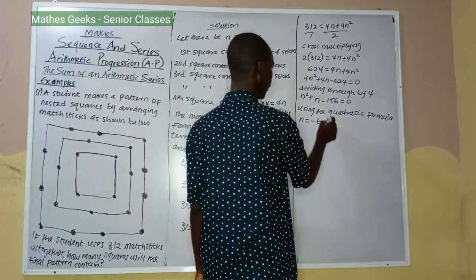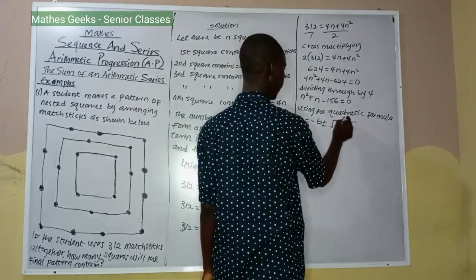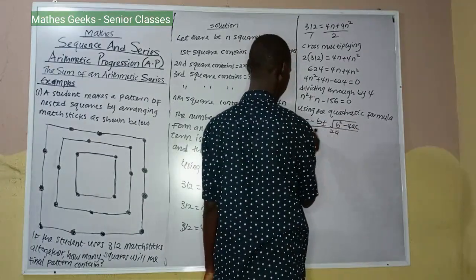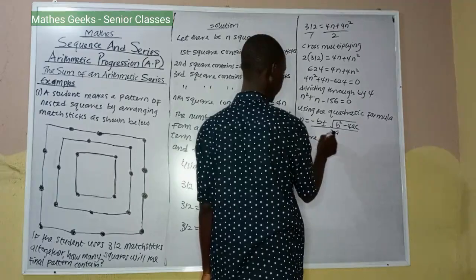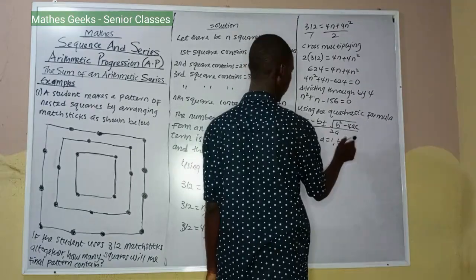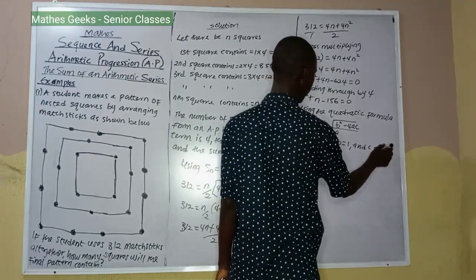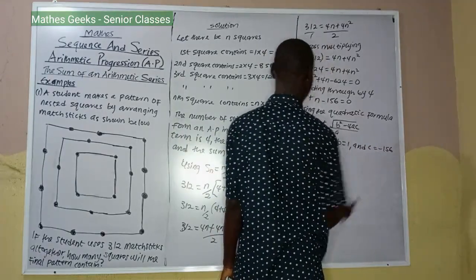So using the quadratic formula, n is equal to minus b plus or minus the square root of b squared minus 4ac, over 2a, where a is equal to 1, b is equal to 1, and c is minus 156.